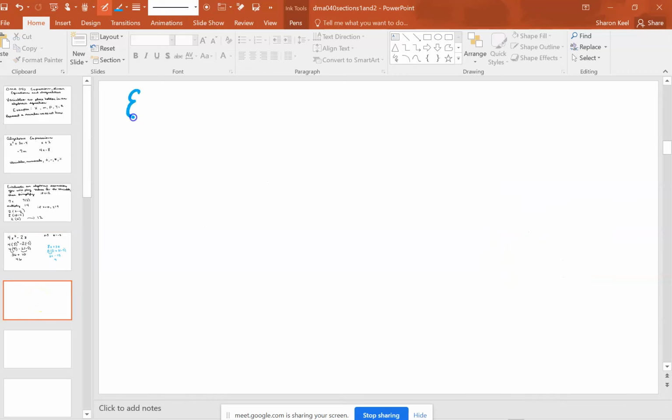Now, when you see the word equation, what I want you to do is to notice these letters, EQUA. That should remind you of the word equals. So an equation is going to be a statement that has an equal sign representing that two expressions are equal.